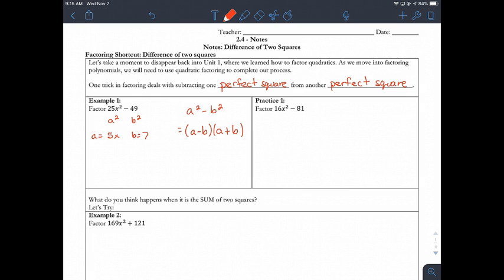That being said, now that we know a and b, we can simply put it into our equation here, and we can say that 5x minus 7 multiplied by 5x plus 7 is equal to 25x squared minus 49, so this is our answer.